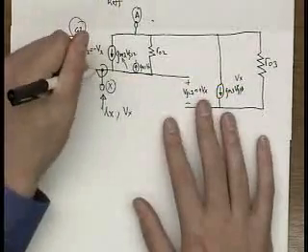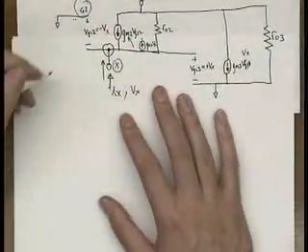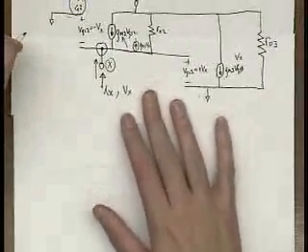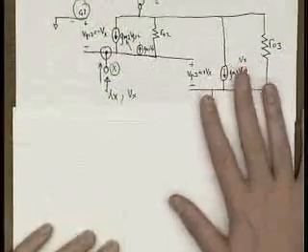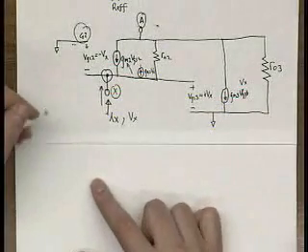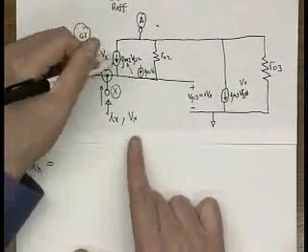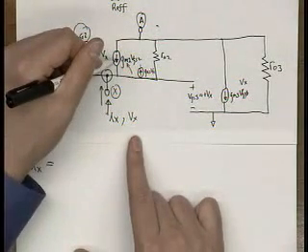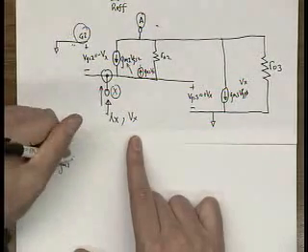So here's a node here. The current going into this node, can everyone see everything? Yeah, good. Going into the node is Ix. Coming out of the node is the current through this transconductance device, which is equal to GM2 Vx.